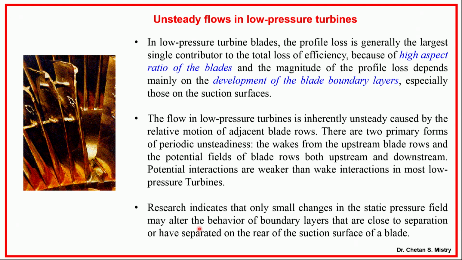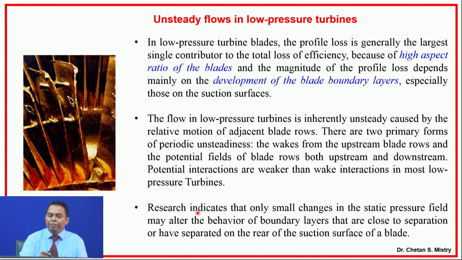So, let us try to understand unsteadiness in my LP turbine. For my LP turbine, profile loss is one of the major contributors. What is the reason? Because we have a high aspect ratio blade and you will have growth of the boundary layer. If you look at what we have discussed in terms of cruise condition and operation at low Reynolds number, you will have a major contribution because of that.